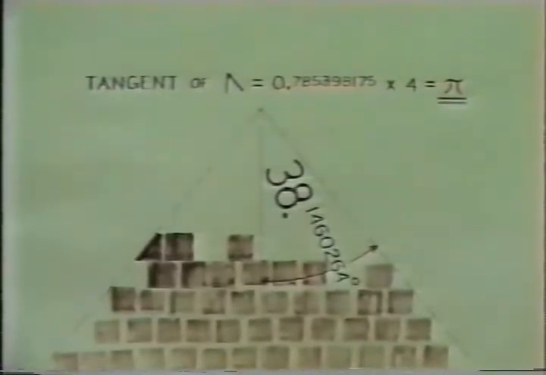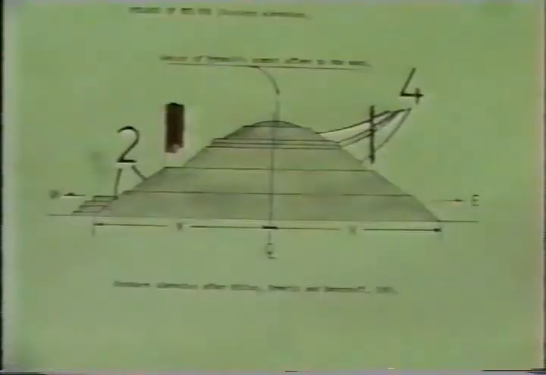Having been so advised, we should apply this ratio to what we see in other pyramids around the world. For example, Mexico's Pyramid of the Sun. In this side elevation, notice that the upper bodies of the monument are offset toward the rear.